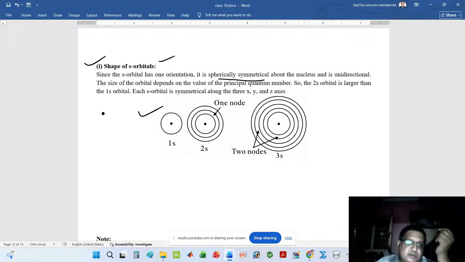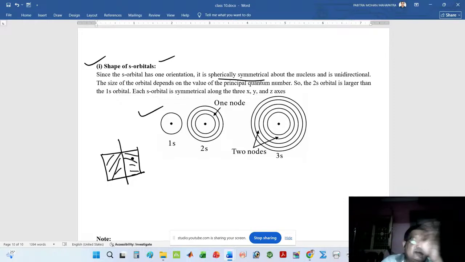What is the meaning of symmetrical? Symmetrical means they have equal parts. Suppose you think about this object, this is a square. If you cut like here, then this part is equivalent to this part. So here we can cut the square symmetrically.